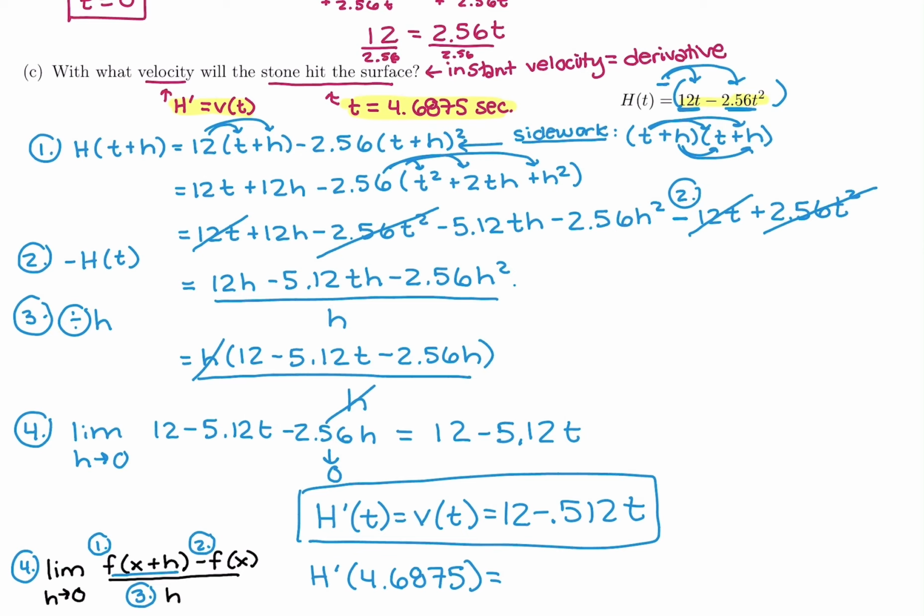So 12 minus 5.12 times 4.6875 seconds, which is when we hit the ground, or hit the surface of this planet. So our velocity ends up being negative 12, and our units on that are going to be meters per second, which makes sense because we should be going down when we hit the surface. So we were going down by 12 meters per second when we finally hit the surface with that stone.